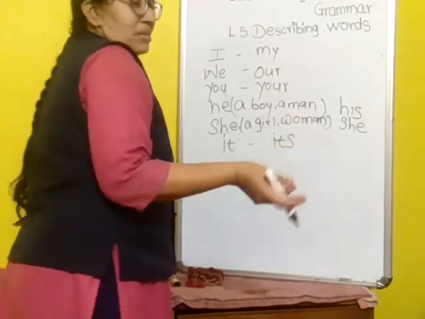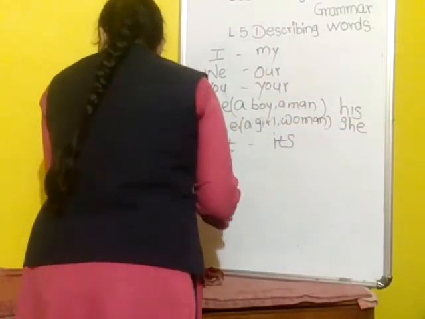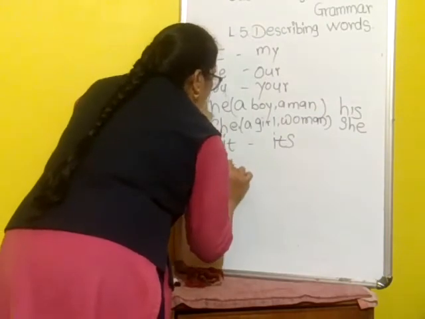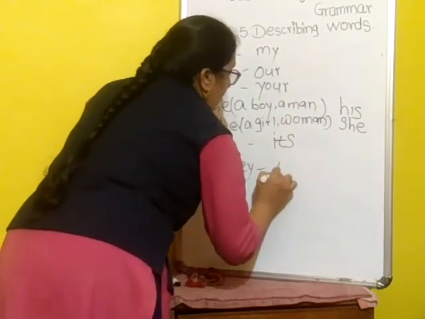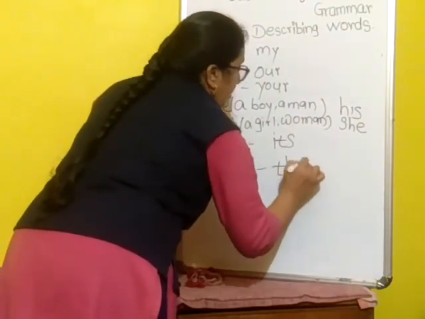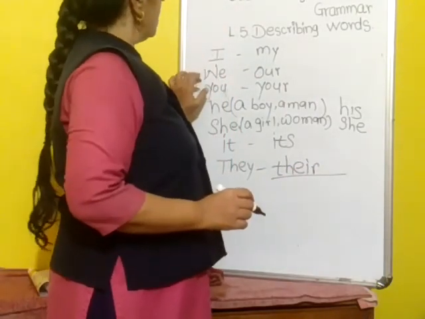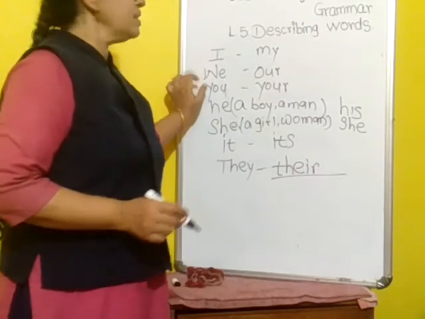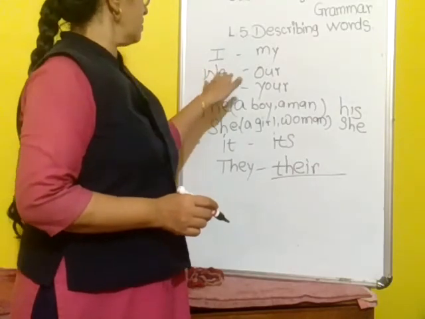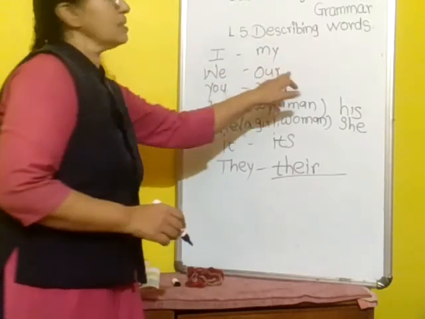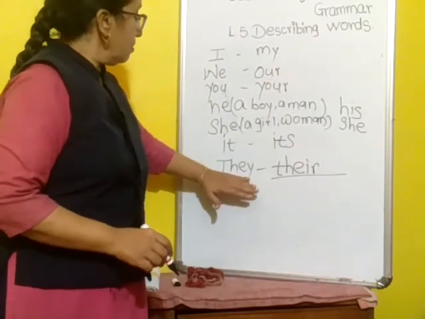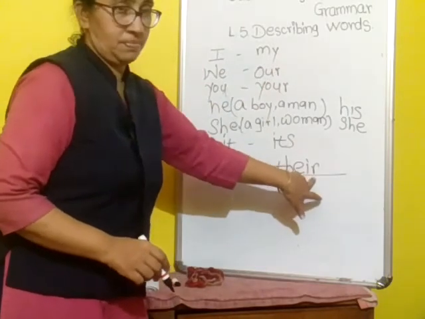Then for they, we can say their. The condition is that with they, you are not present, and with we, you are present, including I. For we or us, we can say our. And with they, we can say their.